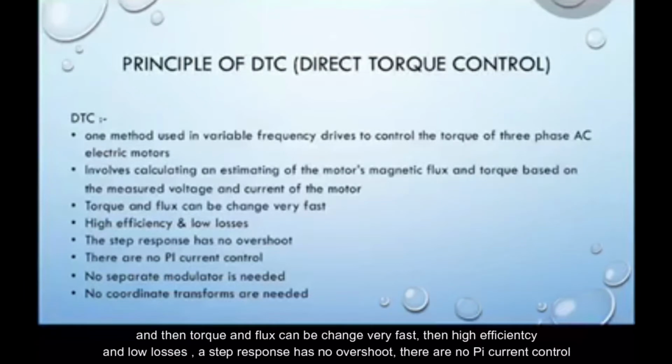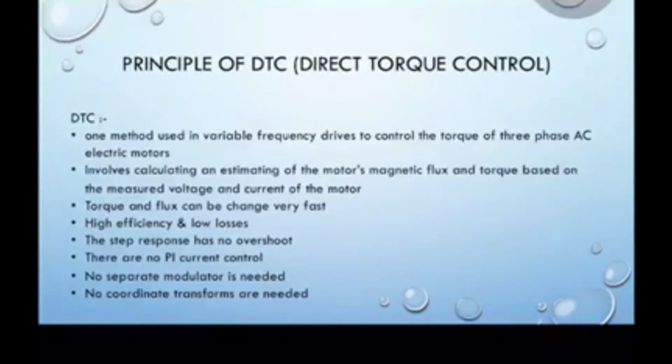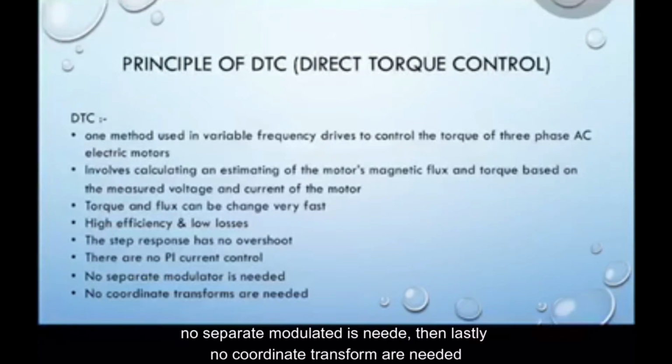Torque and flux can be changed very fast. There is high efficiency and low losses. The step response has no overshoot. There is no PI current control. No separate modulator is needed. And lastly, no coordinate transform is needed.